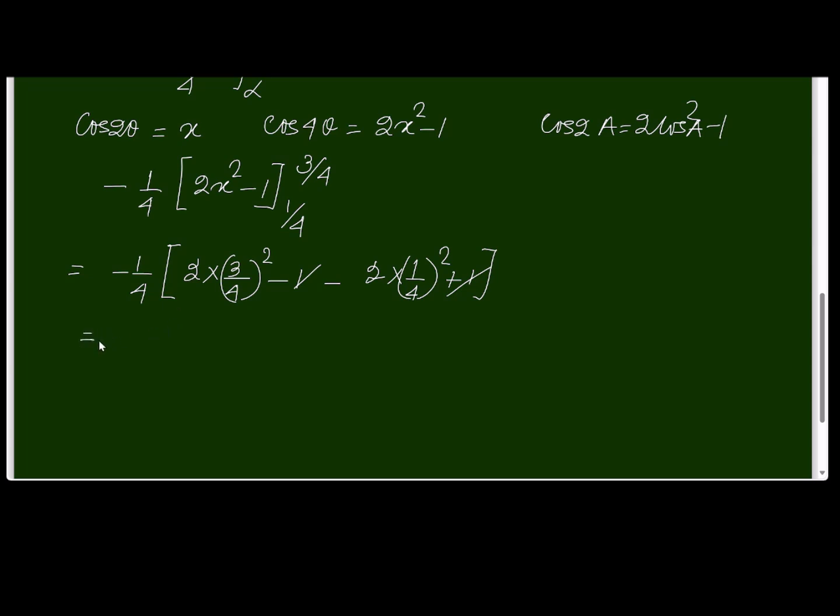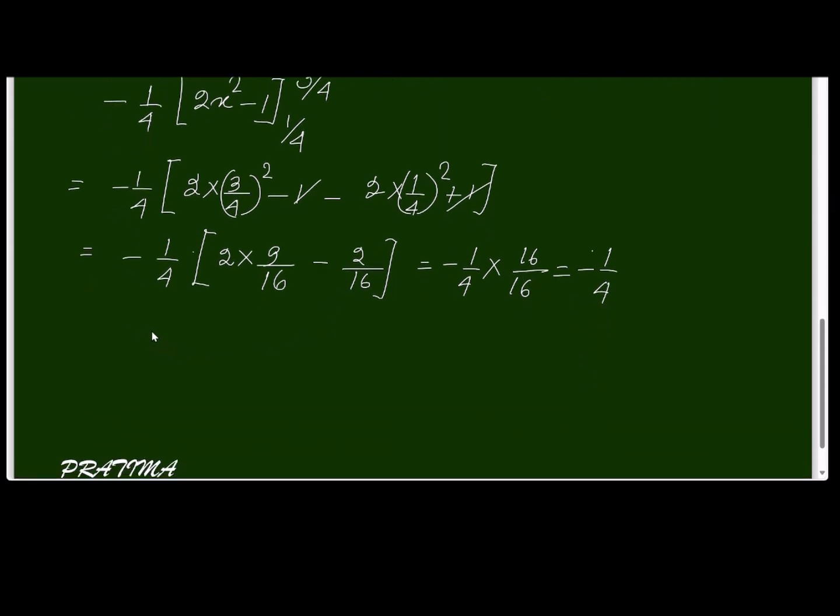So this will be minus 1 by 4 multiplied by 2 into 9 by 16 minus 2 by 16, which is minus 1 by 4 into 18 by 16 minus 2 by 16, that will be 16 by 16. So the answer is negative 1 by 4. Actually the options were negative 1 by 4, negative 3 by 4, 1 by 4 and 3 by 4. So the answer is negative 1 by 4.